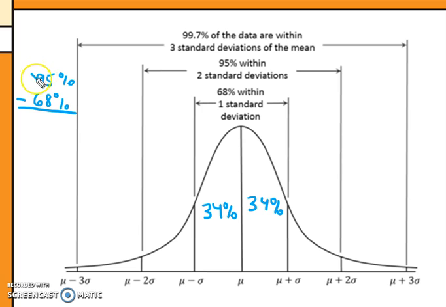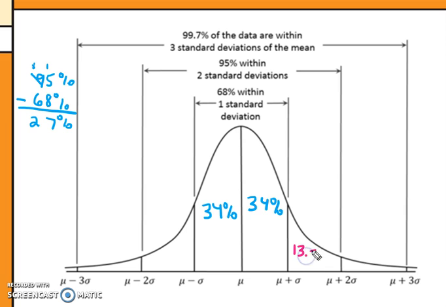So 95 minus 68, so 7, we borrowed here, so 27%. Okay, so if I have 27% left, and I know it's perfectly symmetrical, that 27% has to get split up evenly between here and here. And so 27% divided by 2 is what? 13.5?